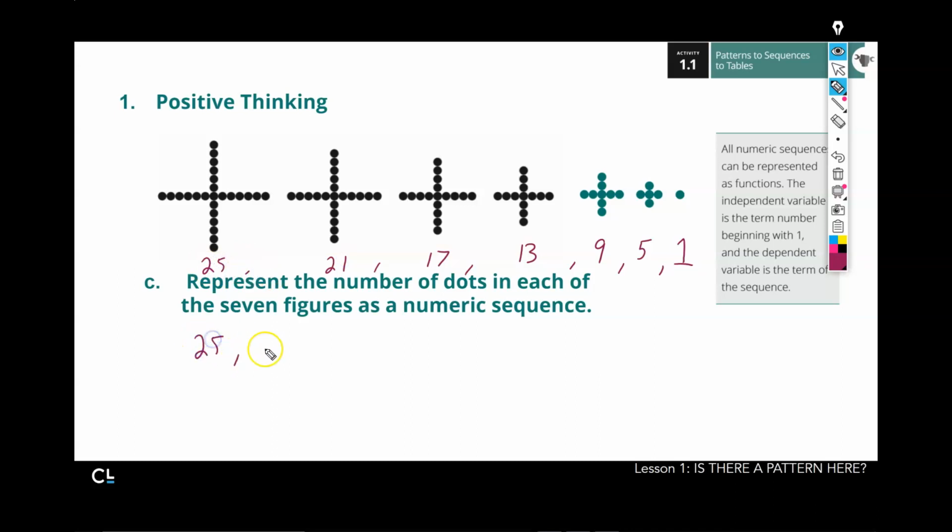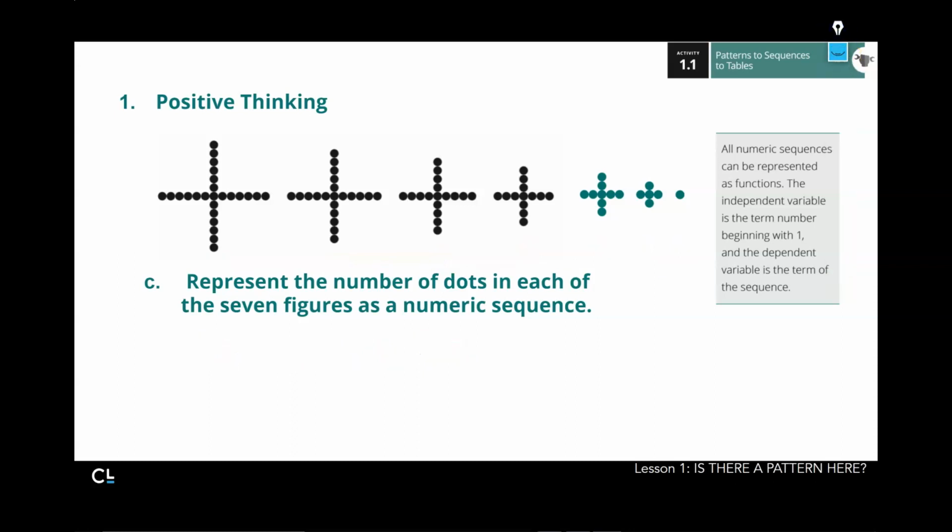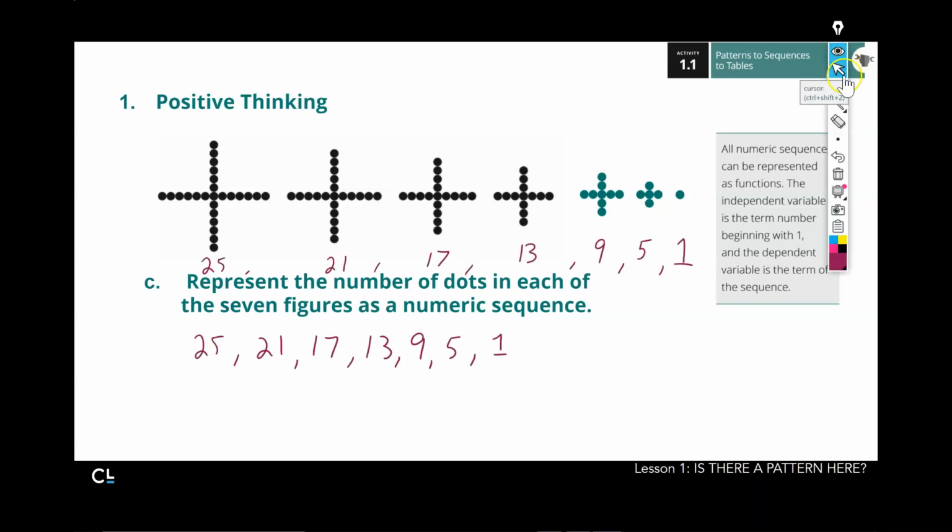So 25, 21, 17, 13, 9, 5, and 1. That would be our sequence. Over here it says all numeric sequences can be represented as functions. The independent variable is the term number beginning with 1, and the dependent variable is the term in the sequence. So, let's look at that.